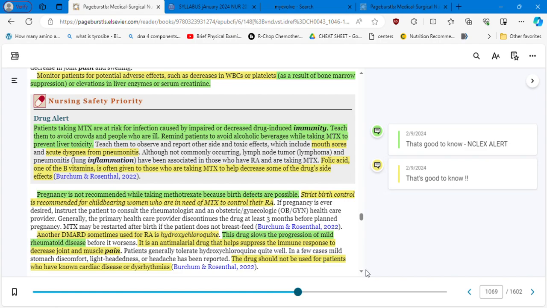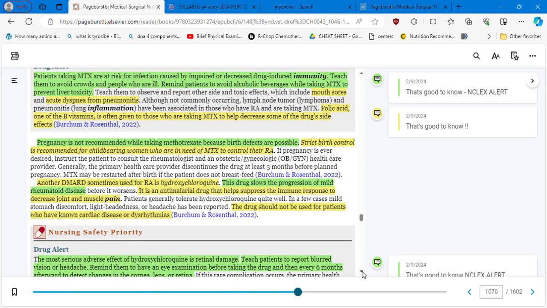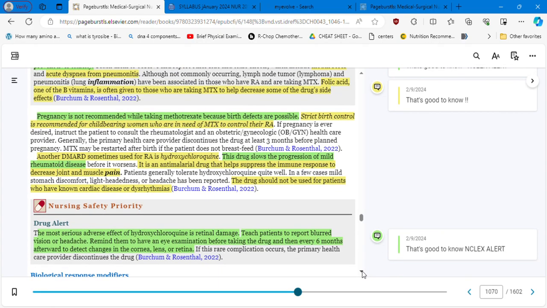And that's good to know. This is NCLEX alert. Pregnancy is not recommended while taking methotrexate because birth defects are possible. Strict birth control is recommended for childbearing women who are in need of MTX to control their RA.